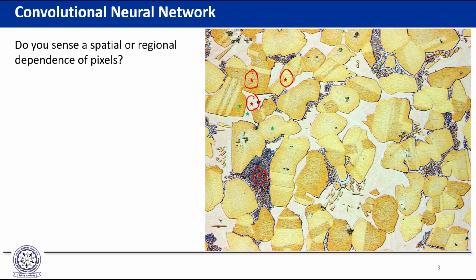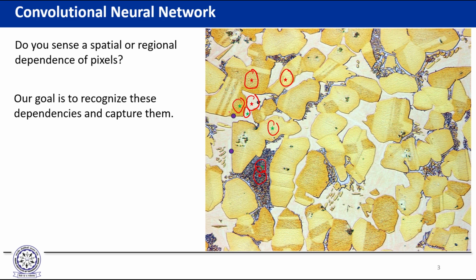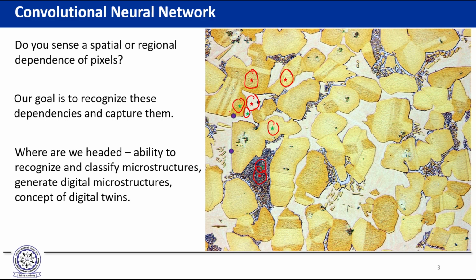Then if I look at a second set of pixels, let's say I identify those with the green ones, do you start seeing whether there is some form of correlation between the red and the green? That is the type of work which convolutional neural networks look at, and they try to capture this type of pattern dependency in the microstructures.